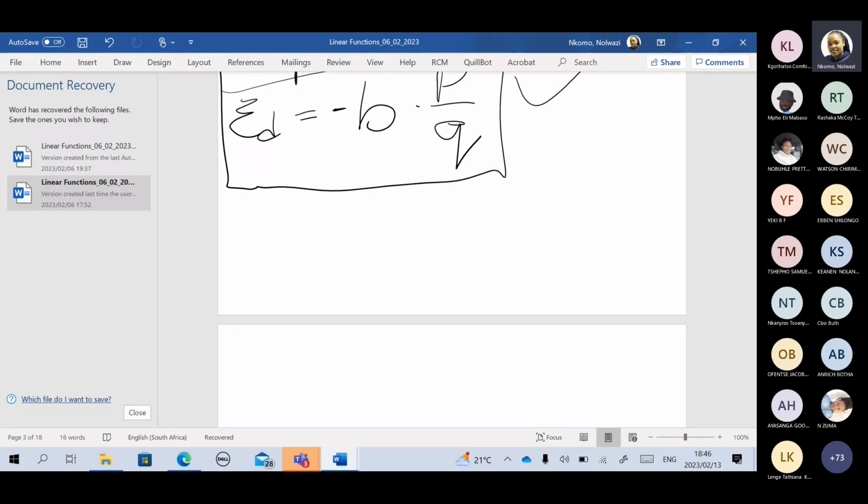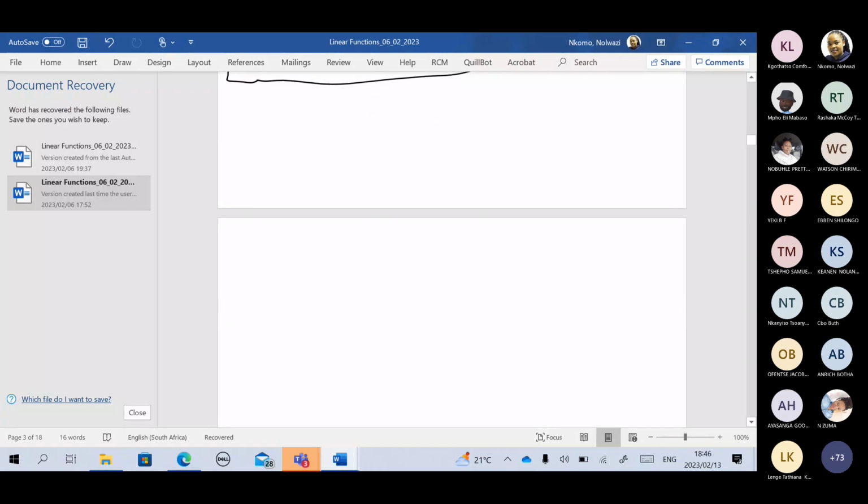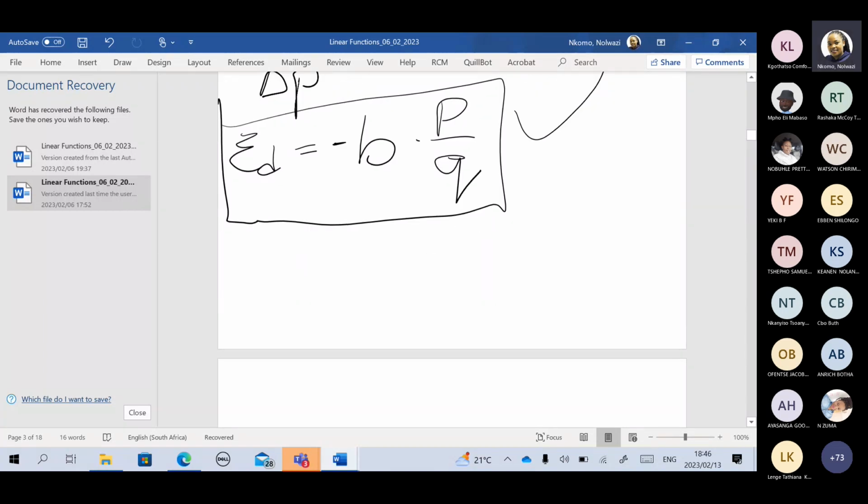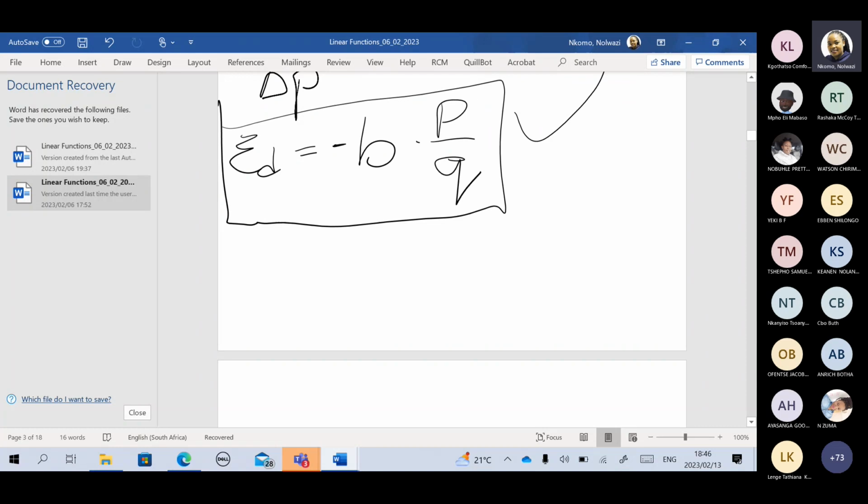So this negative tells us that relation. And again, we can write our price elasticity of demand as a function of P only, right?